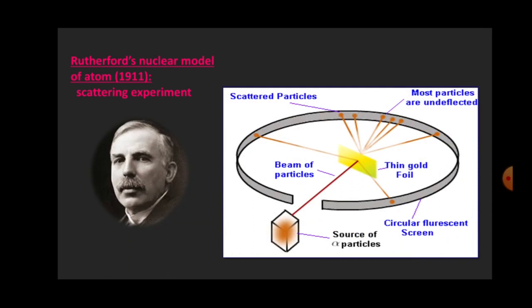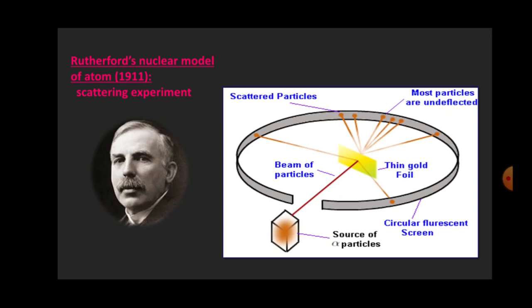He took a very thin gold foil, with a thickness of 10 raised to minus 4 mm, and with the help of a radioactive element, he emitted alpha particles on this gold foil. It was expected that the alpha particles would get reflected from the gold foil if the positively charged mass were evenly distributed inside the atom.